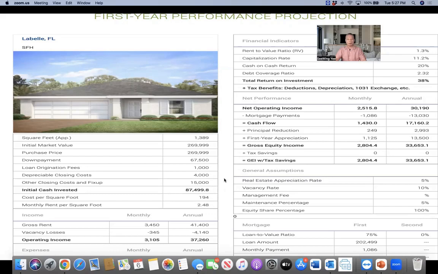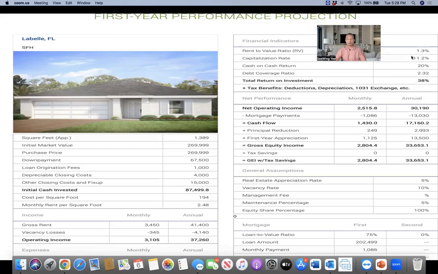And then because of the increase of rent, $3,450, on a monthly basis, instead of $571, your net cash flow profit per month is approximately $1,430. And look at the revised numerical metrics, the revised returns, if you will.